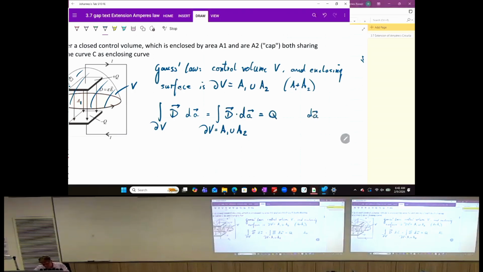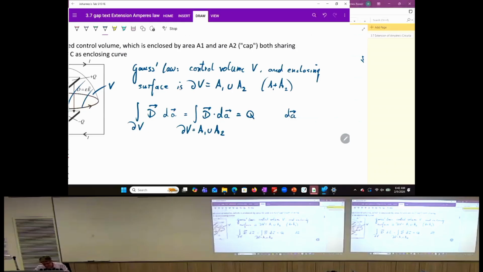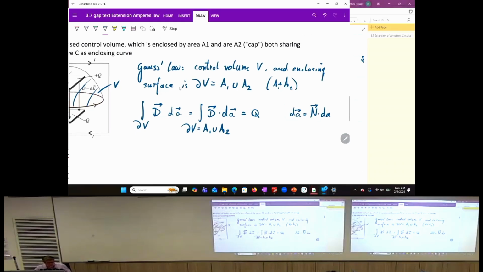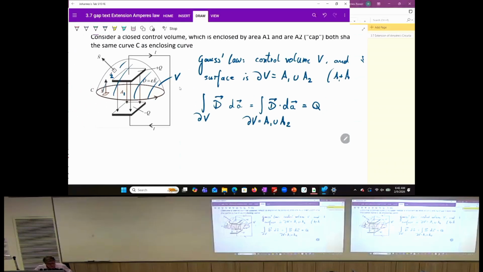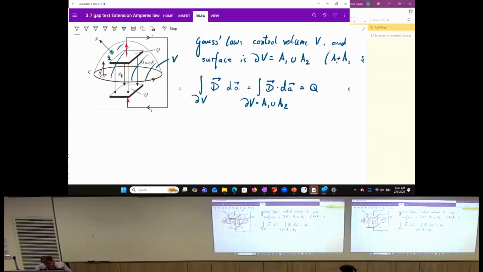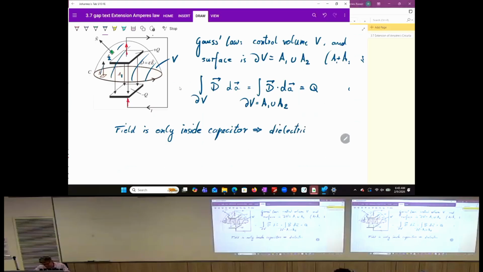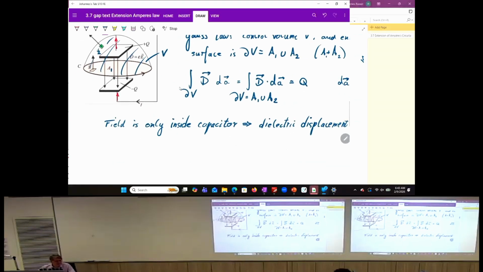So remember the vectorial surface element is given in this form, where here is your surface element, and there's your normal vector. Your currents flow out of that electrode and flow onto that electrode. So the electric field that we have is actually only inside the capacitor. This is our dielectric displacement. And there's a flux only through surface A1.